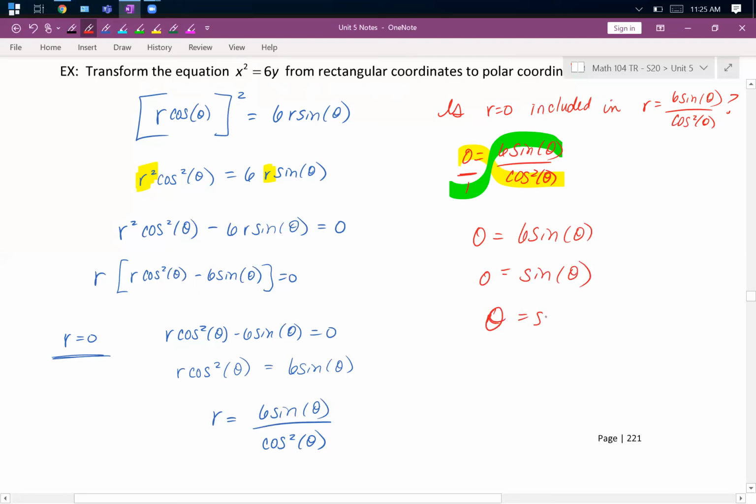We get theta equals inverse sine of 0. Do we get an answer? Does sine have a value of 0 somewhere? Sure it does, right? At pi and at 0.